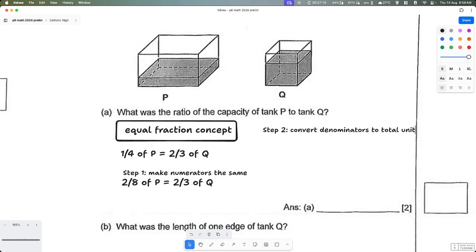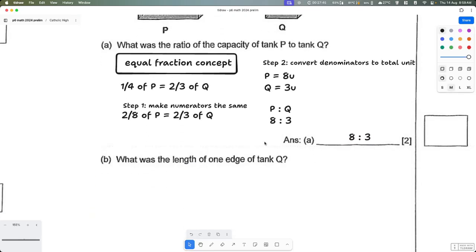So P is equal to 8 units, and Q is equal to 3 units. Then you can solve already. P is to Q is equal to 8 is to 3. That's your answer.